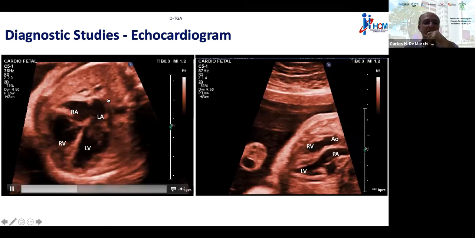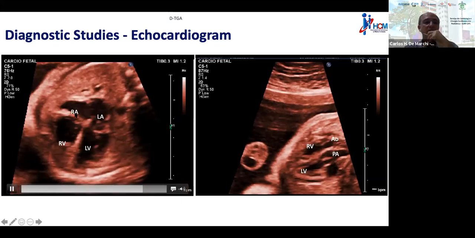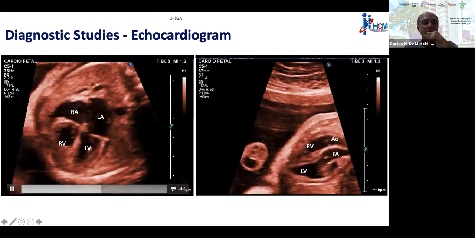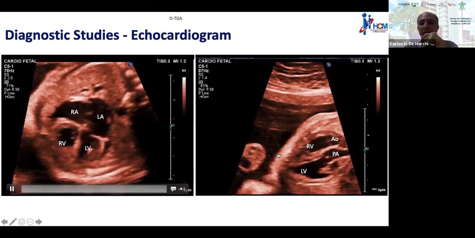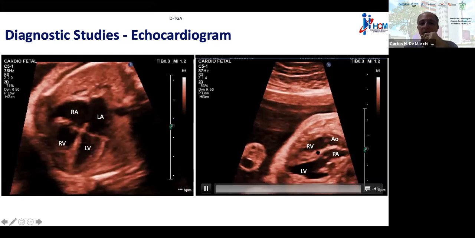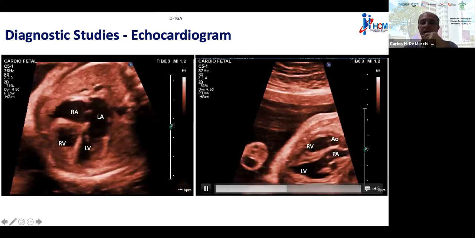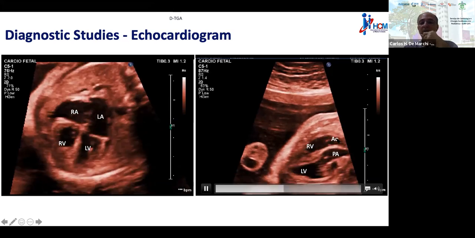You can see here in D-TGA, the four chambers are normal. Okay, right atrium connecting to the right ventricle, and left atrium connecting to the left ventricle, concordant connections. And when you look at the outflow tracts, you see the left ventricle connected to the pulmonary artery, and the right ventricle connected to the anterior aorta.